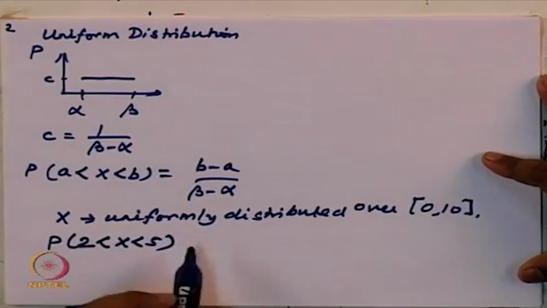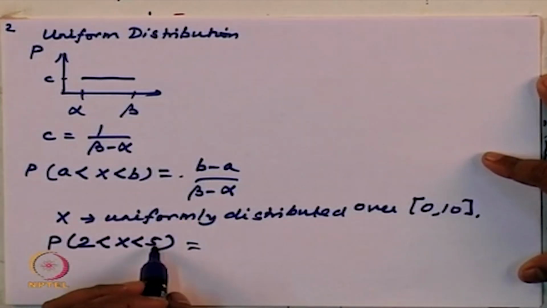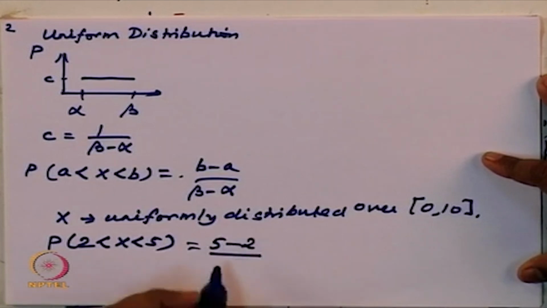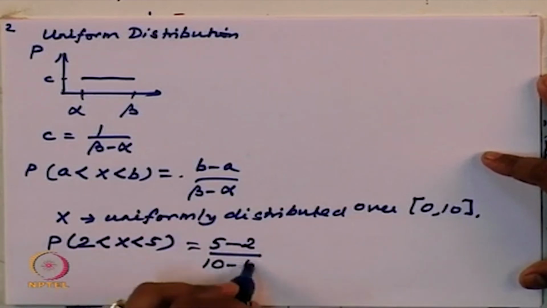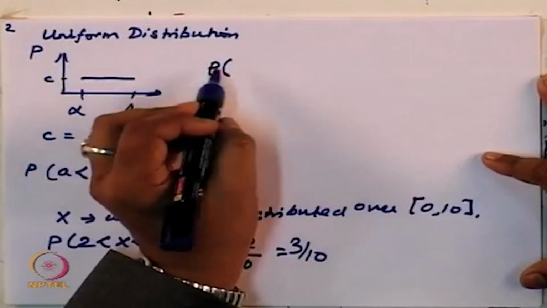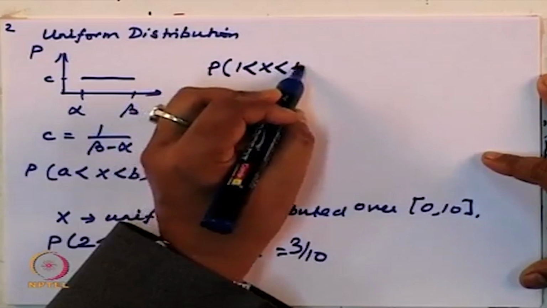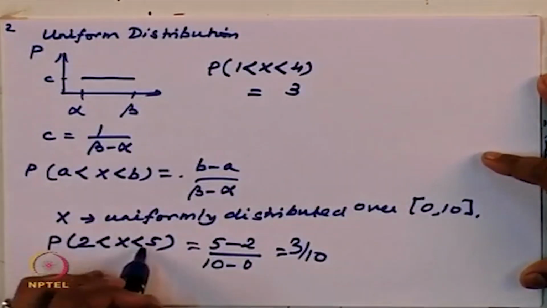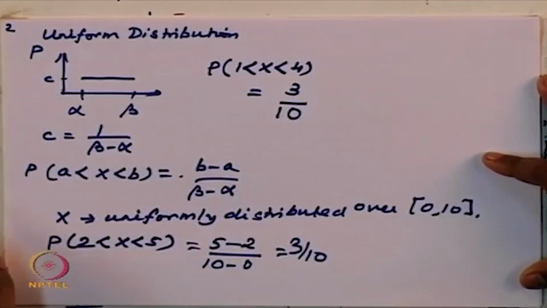From this example, b is equal to 5, a is equal to 2, beta is 10, alpha is 0, so the probability is 5 minus 2 over 10 minus 0, which is 3/10. Similarly, the probability of 1 less than x less than 4 returns the same value. Both return a value of 3/10.